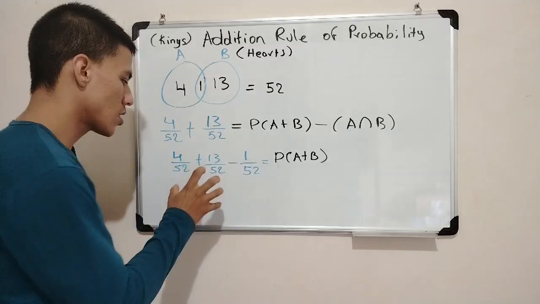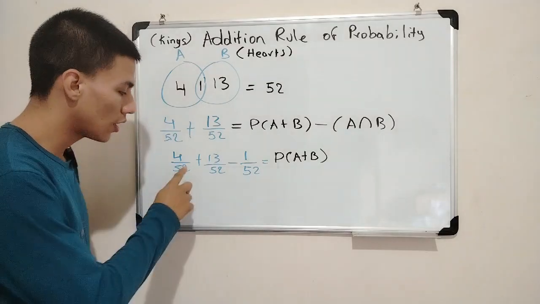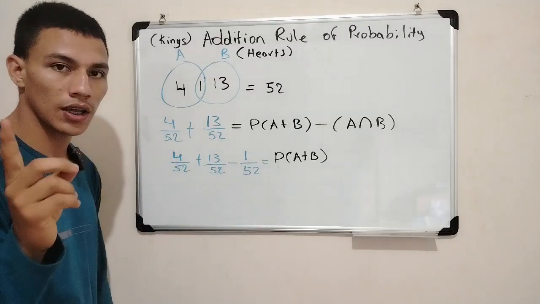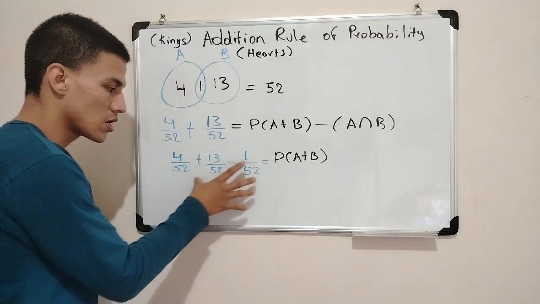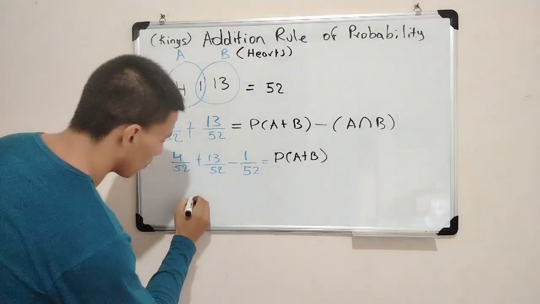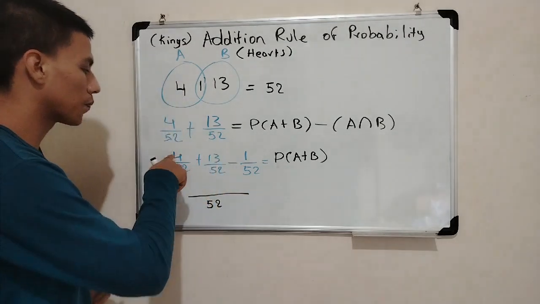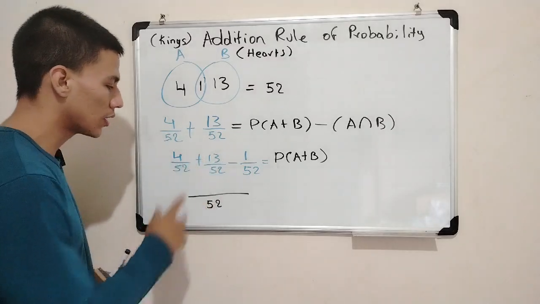You find here that these denominators are the same. So the rules of fractions tell us that when the denominators are the same, you can write them on the same line as 52, and you just do simple math, adding and subtracting.